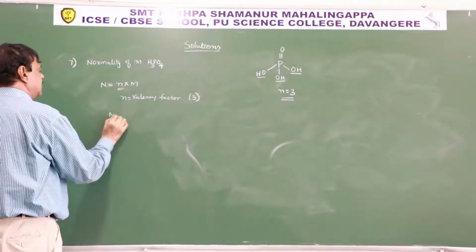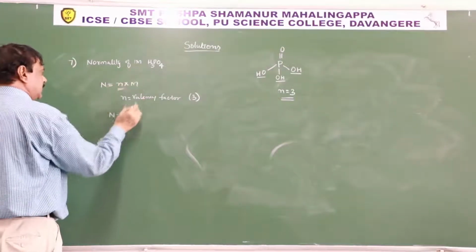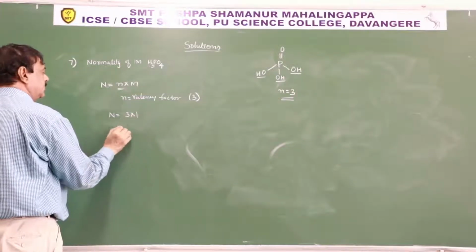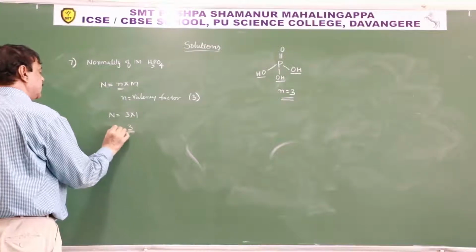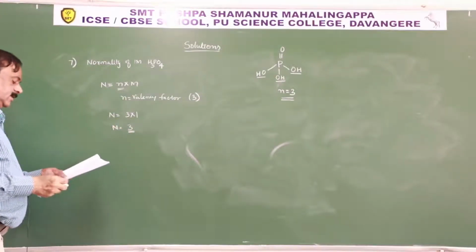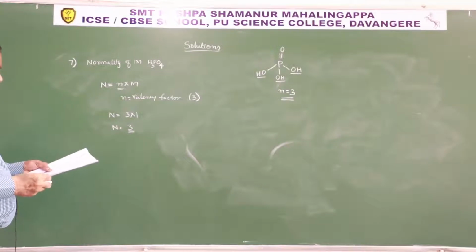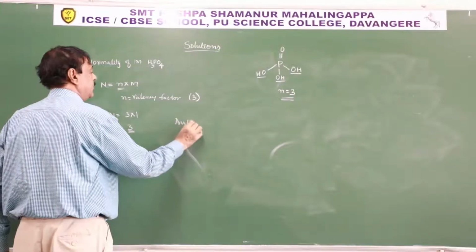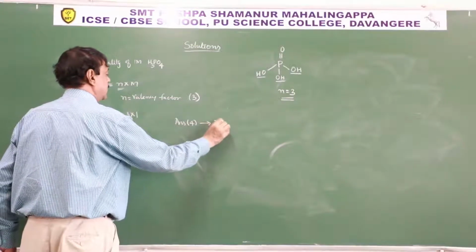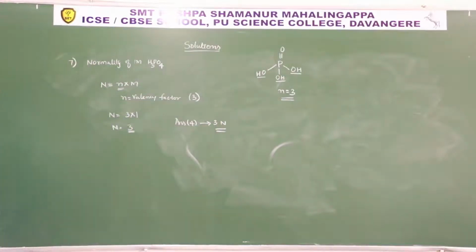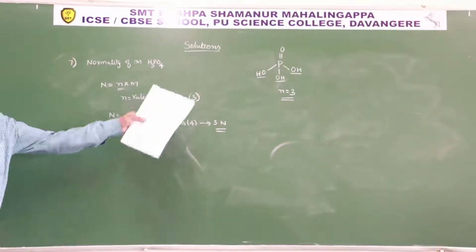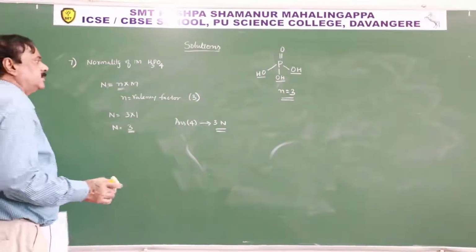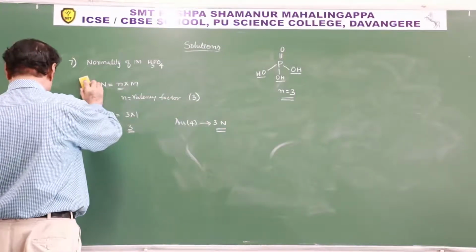Therefore, normality is equal to molarity, which is 1 molar, into 3, that is equal to 3 normal solution. Therefore, that is option 4. You should know about the structure, or you should know about the n factor. Next, 8.